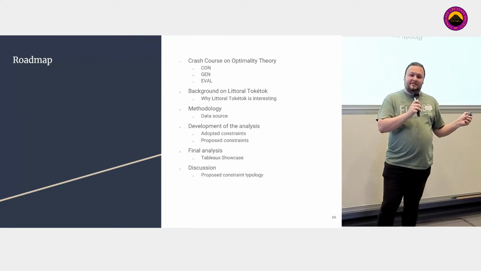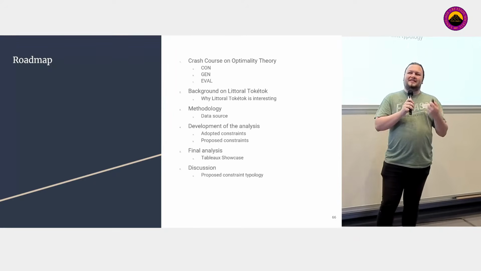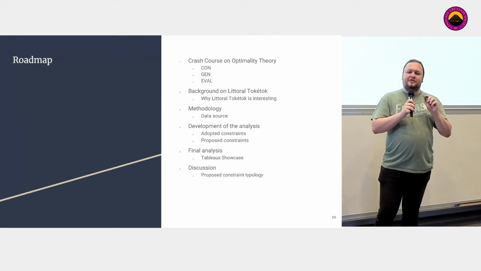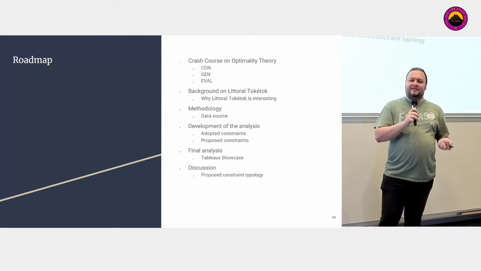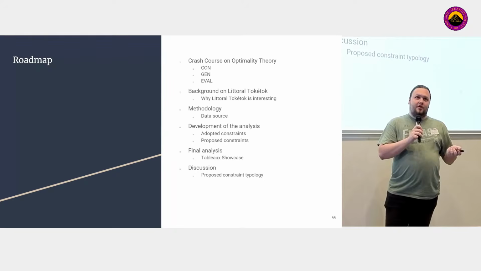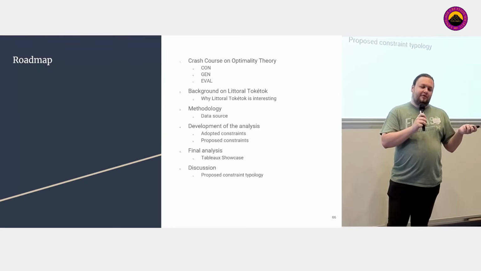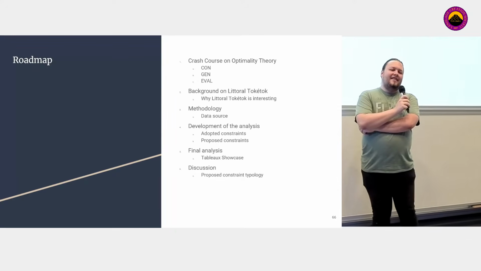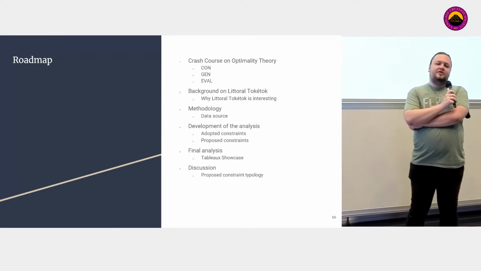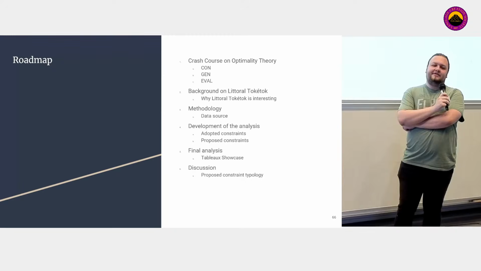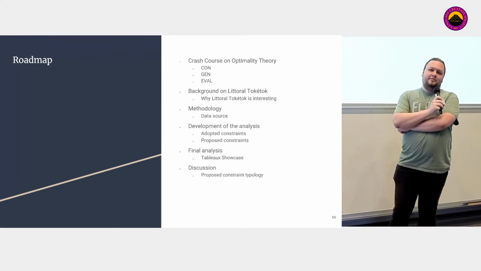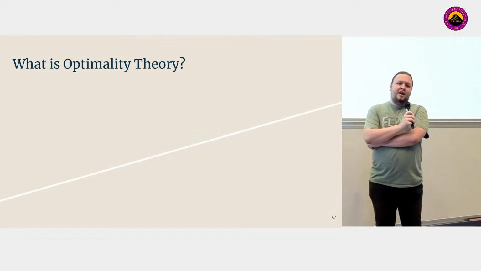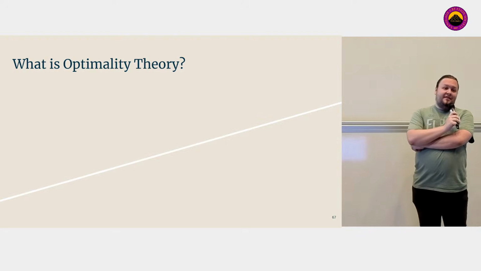That's the real bulk of the presentation. There's some slides at the end, with mostly just tables for the final analysis. I'll quickly skip over them, but for those of you at home or who want to look for the VOD later, you can pause them at your own leisure. And then if we have time, I'll get into some discussion on implications that this analysis has on natural language and possible predictive power. So, what is optimality theory?